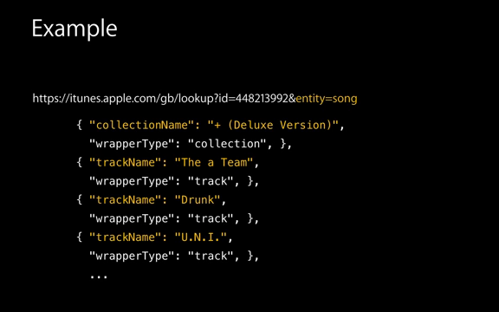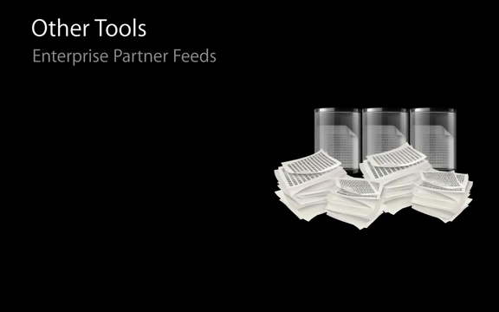Now, that said, you might have slightly bigger needs in terms of data. And for that, we have the Enterprise Partner Feeds, or EPF as we commonly call them. These are bulk metadata, and it covers virtually all iTunes Store content. And this is very much intended for big data needs.